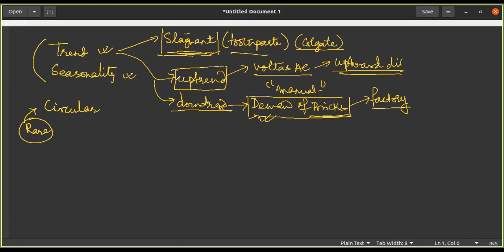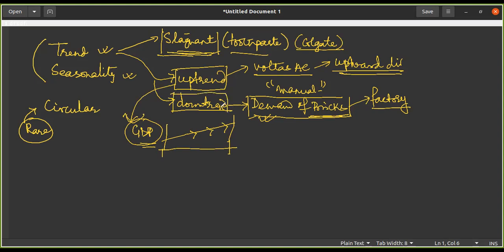A very, very important example with respect to trend or uptrend is going to be GDP also. GDP always increases irrespective of what kind of cyclic or seasonal patterns you may have in the data. The GDP of any country is always going to increase over a period of time, over a good period of time.